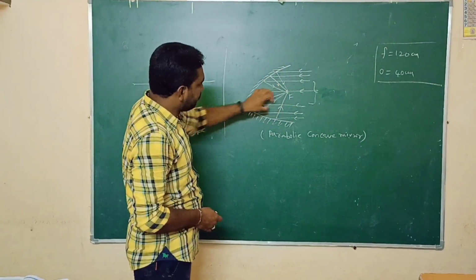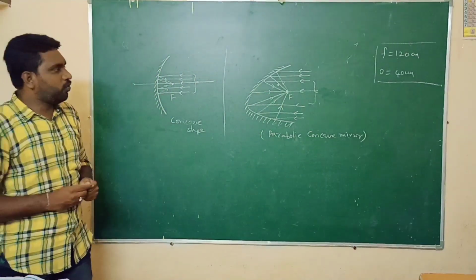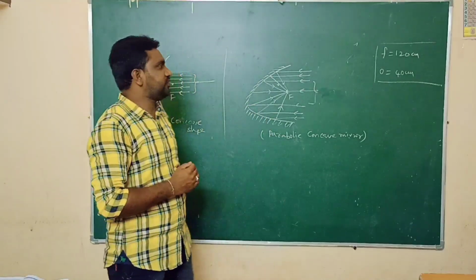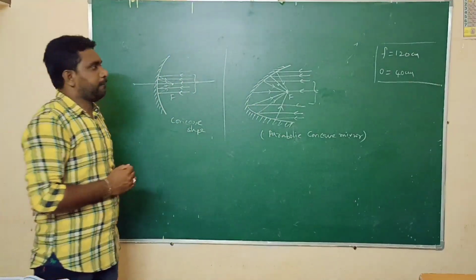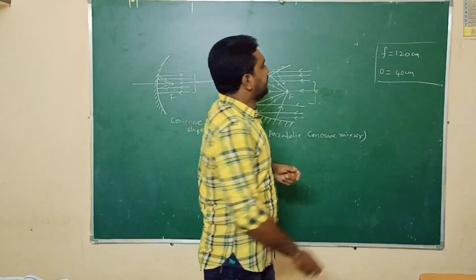So if it can converge all the light rays, the brightness of the light is more, the light can pass more distance, and then we can see the vehicles very clearly. So it can avoid road accidents. And the next question is like this here.